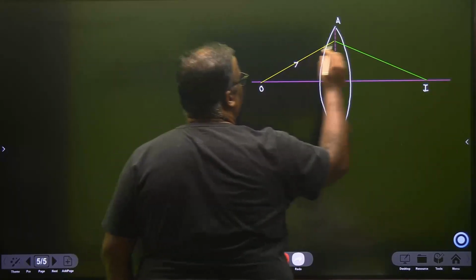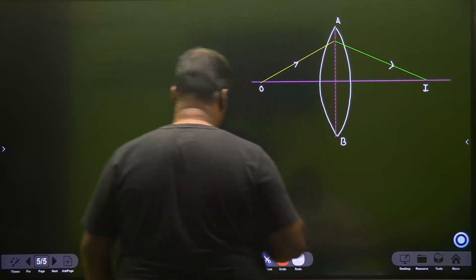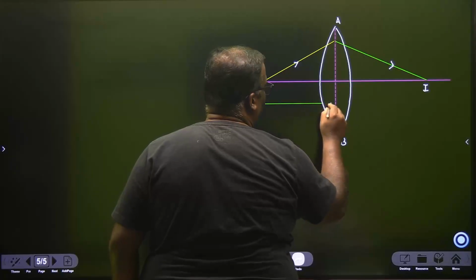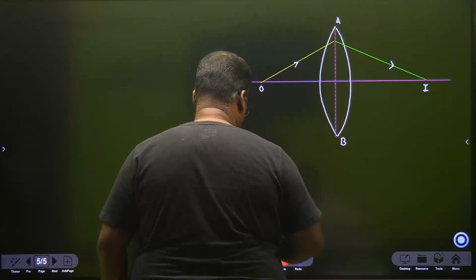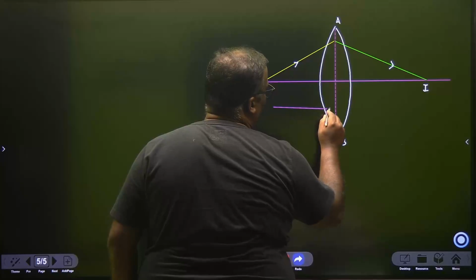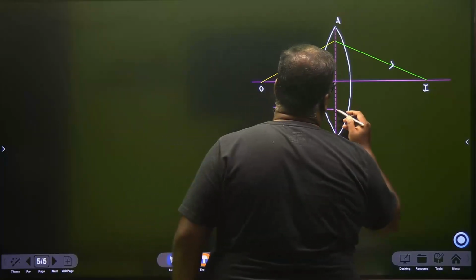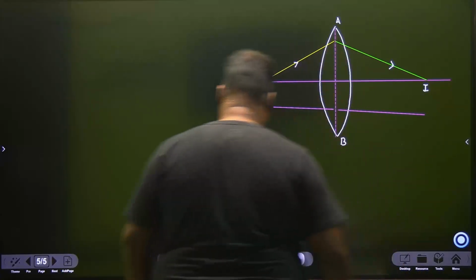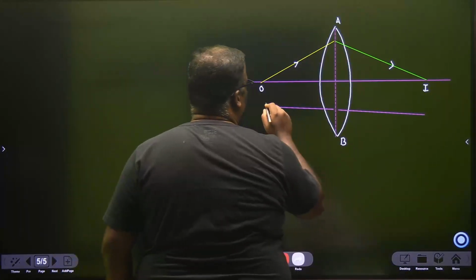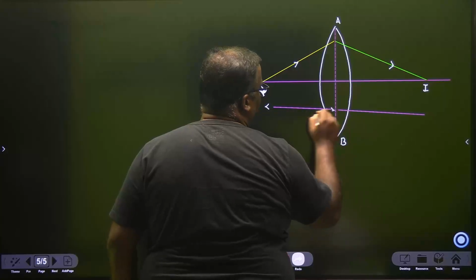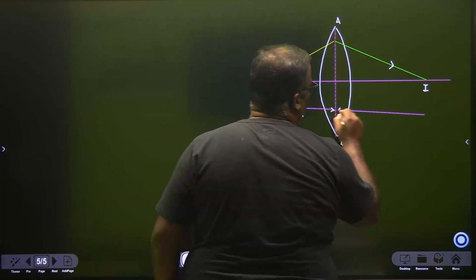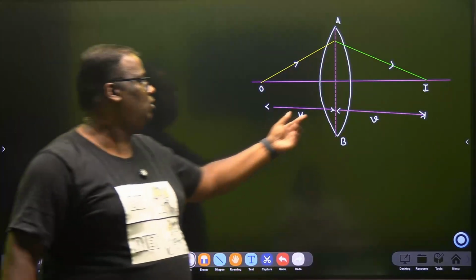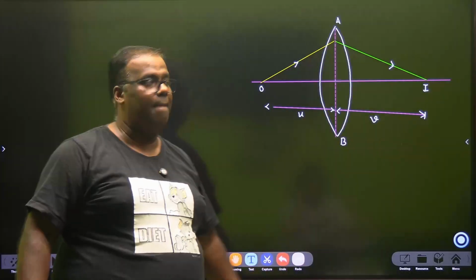This is your incident ray, reflected ray, and obviously this much of a distance is your object distance roughly, and this is a very thin lens, and this is your image distance. This is your object distance U, image distance. This is very, very thin, I mean, there's no difference between this area and this area.